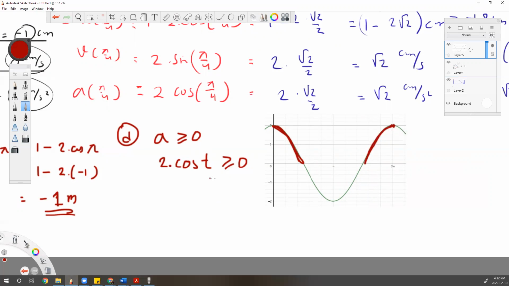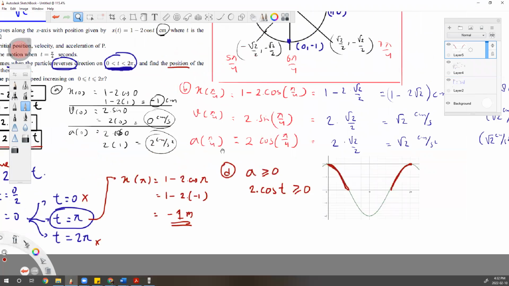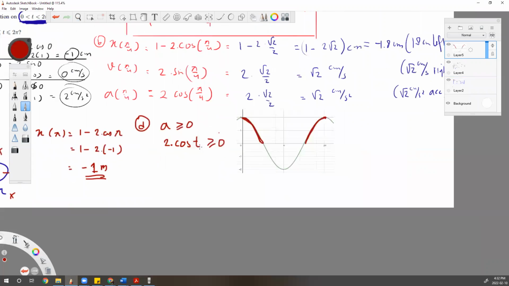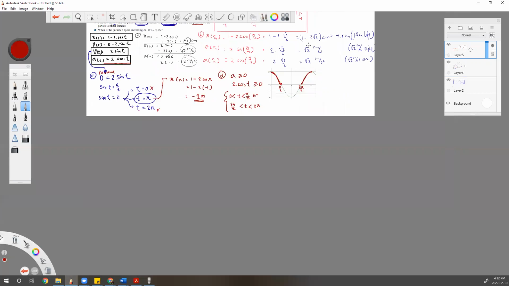So the time interval will be 0 less than t less than pi over 2, or 3 pi over 2 less than t less than 2 pi. I think this will be the answer. Okay, get it?